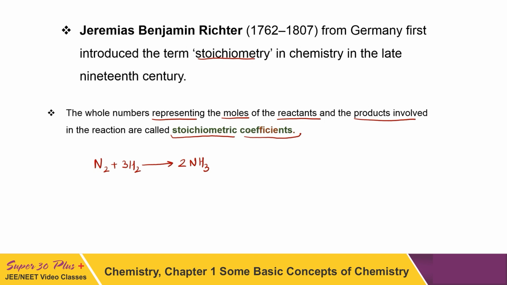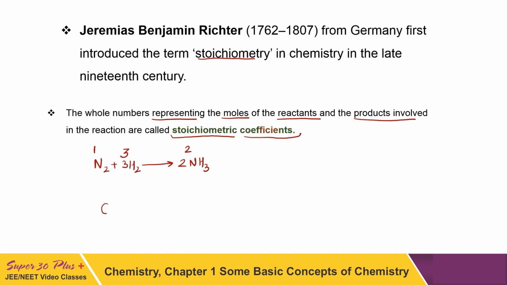Yes, this reaction is balanced. 2 atoms of nitrogen here, 2 atoms of nitrogen there, 6 atoms of hydrogen, in the product also 6 atoms of hydrogen, so the reaction is balanced. Now in this balanced reaction, the coefficient of nitrogen is 1, the coefficient of hydrogen is 3, and the coefficient of ammonia is 2. So this 1, 3 and 2, this is the stoichiometry of this reaction.